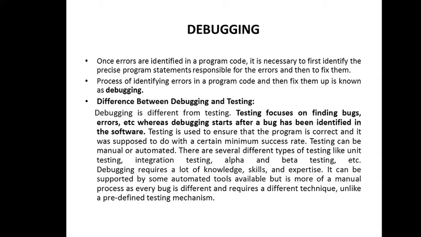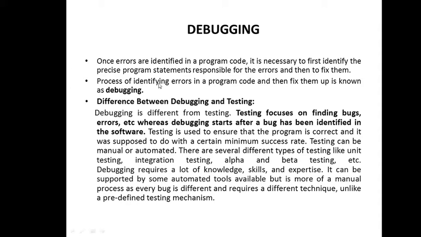So debugging is a complementary activity of testing, or it works hand in hand with testing, right? Debugging is a process of identifying the exact location of the error and then fixing those errors, that means eliminating those errors.